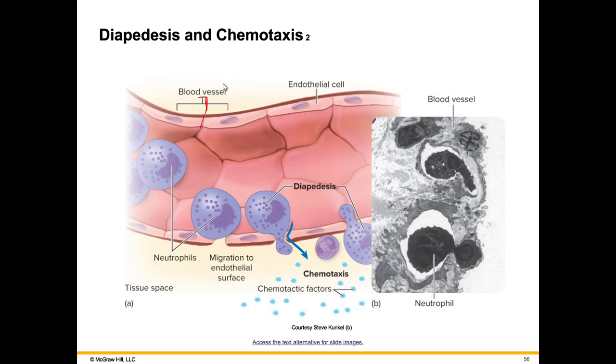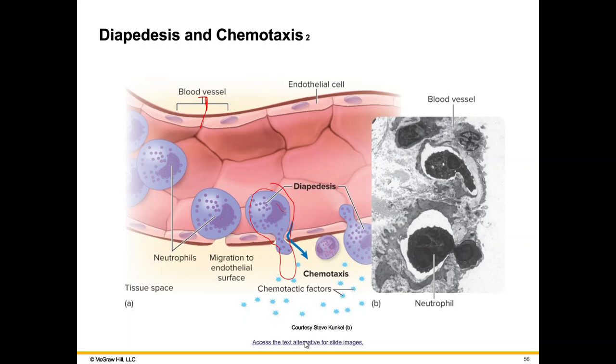And again, that's due to chemotaxis. So there is some kind of chemical somewhere in the body that is attracting these white blood cells, and they're literally squeezing themselves out of the blood vessels and into this extracellular matrix, or this tissue, where we have some kind of chemotactic factor, where we have a site of injury.